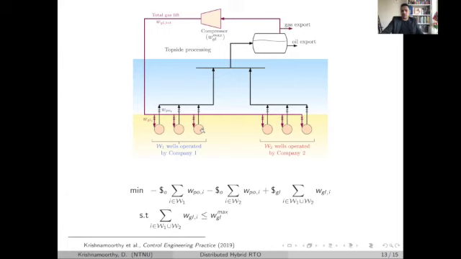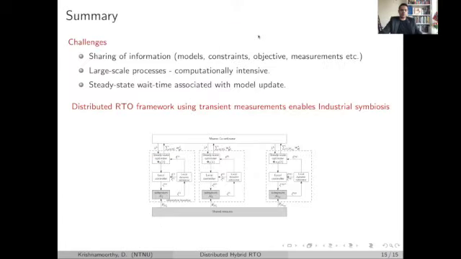So to summarize, some of the main challenges of industrial symbiosis are sharing of information, where the different organizations might be reluctant to share information across the different organizations in the form of models, constraints, objective and real-time measurements, etc. And secondly, one of the challenges with industrial symbiosis is that the problem size could be much larger, and solving a large-scale optimization problem could be computationally intensive.